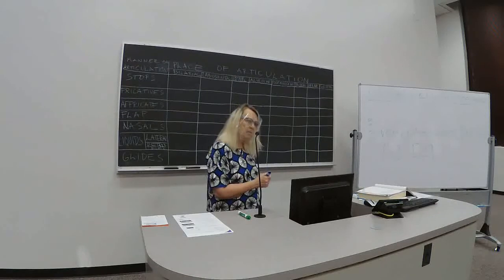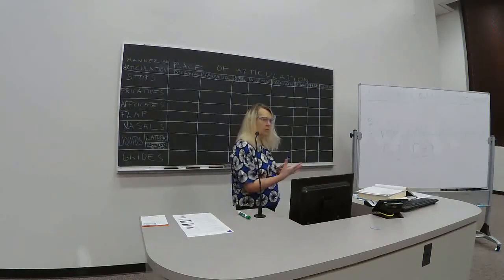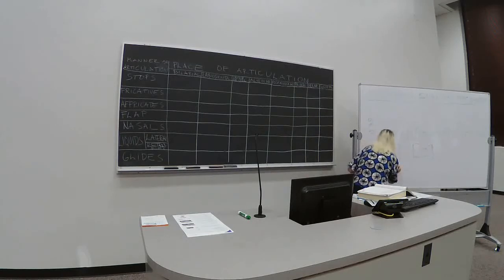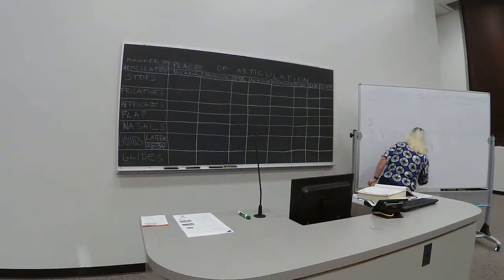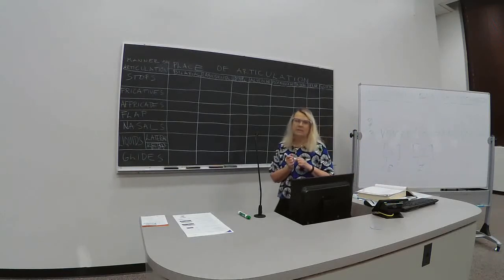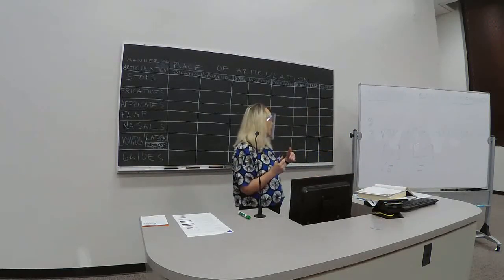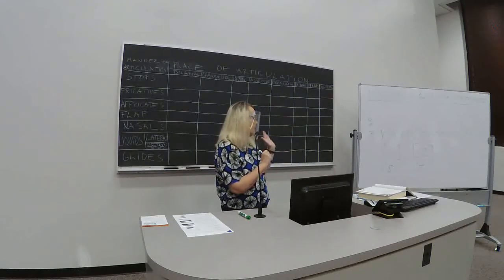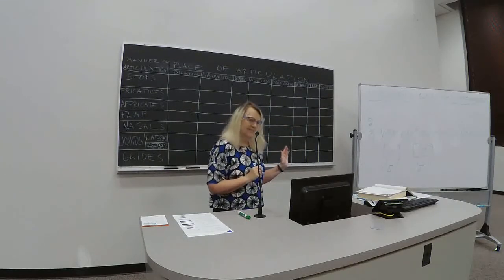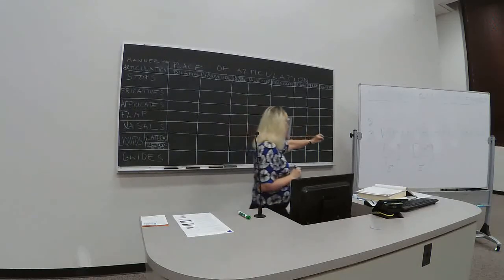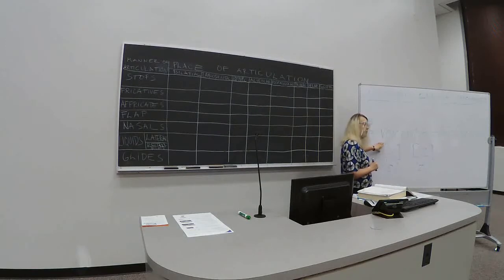Now you will sometimes see in your textbook that the IPA symbols are surrounded not by brackets, but by slashes, and that is a distinction. When we talk about concrete sounds, the phones, we put them in brackets.